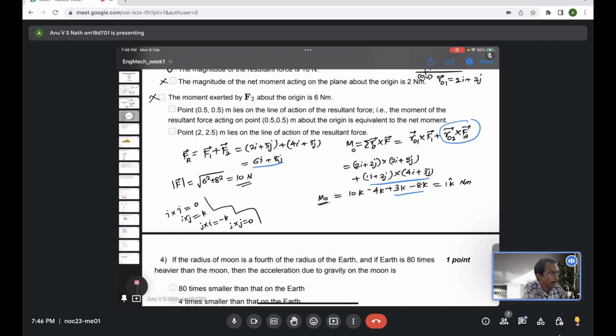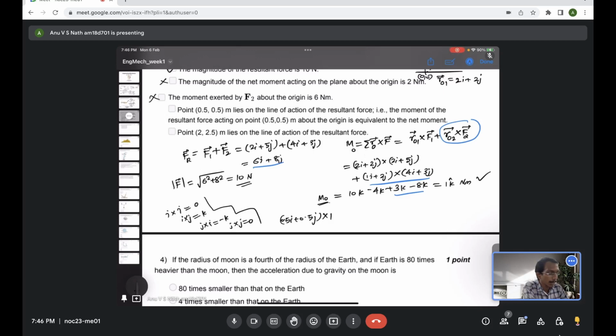The net moment is 1k Newton meter. K is not kilo, it's the k cap, the vector direction, positive is the direction it is indicating. Consider the point 0.5 and 0.5. The position vector to that point is 0.5i plus 0.5j.